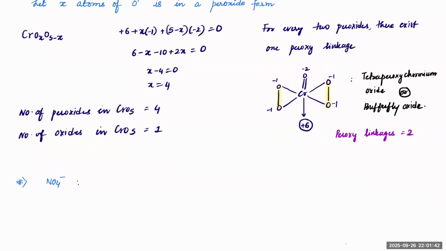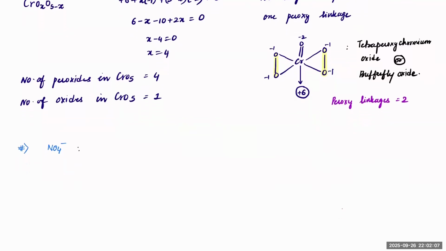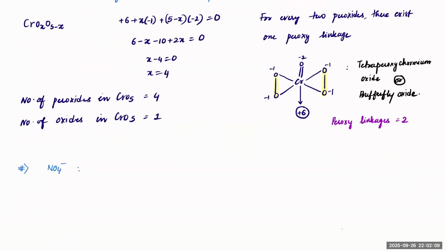Okay. Finished? Now, if you have understood that, please apply the concept for NO4 minus and try to figure out how many peroxy linkages we have and how many oxides we have.